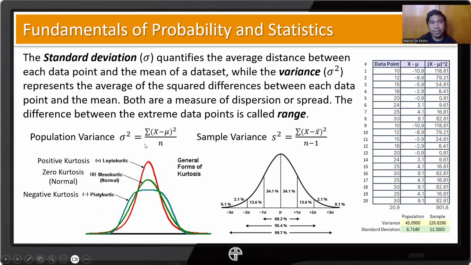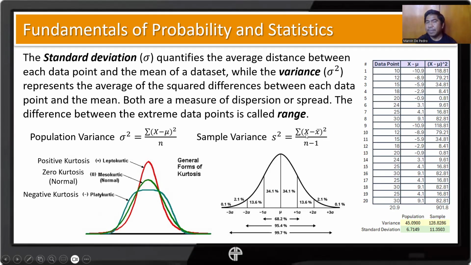It depends whether you are computing for the population variance or population standard deviation, or you are computing for the sample. If it's for the entire population, then you just divide this sum of the squared values by the population size.